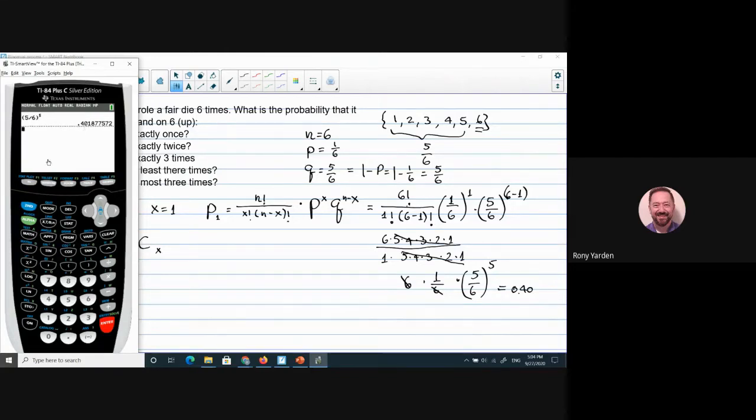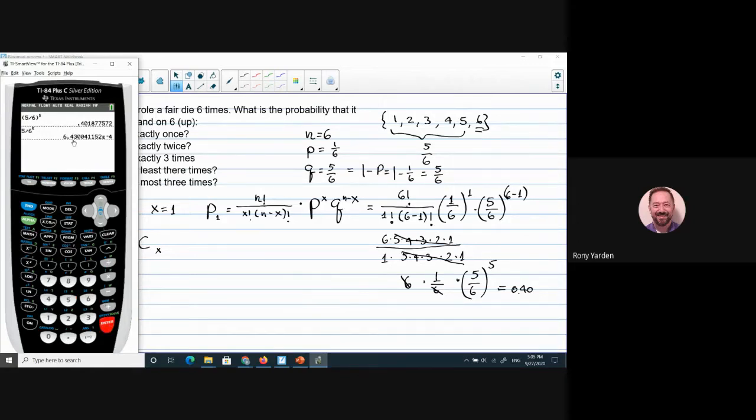Now, what happens if I don't use parentheses? 5 divided by 6 to the power of 5. In this case, since we have order of operations, 6 is going to be raised to the power of 5 first, and then the 5 is going to be divided by this result. We're going to get a very low number here.